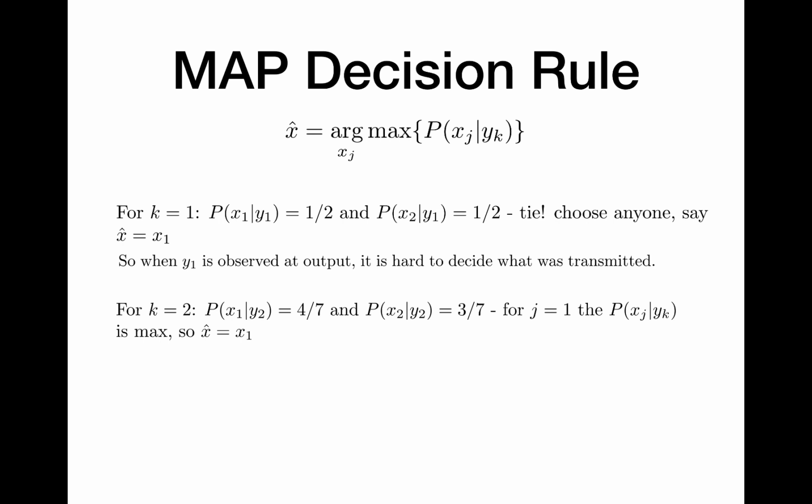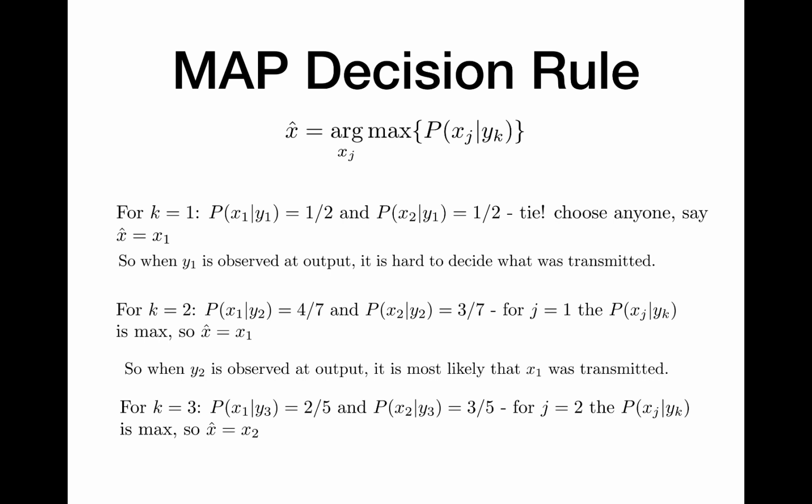So the argmax function returns x hat equal to x1. Again, if we have k equal to 3, then we do the same procedure.